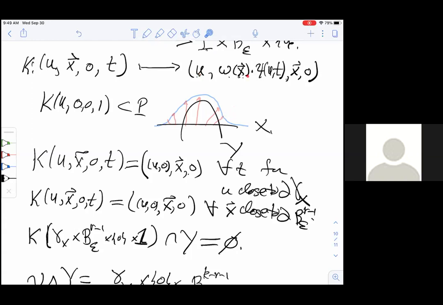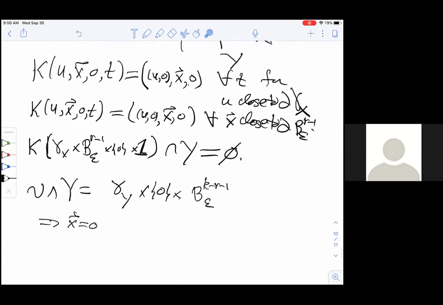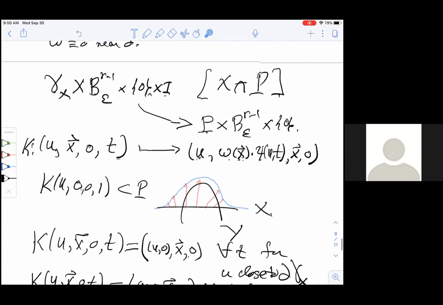u, 0, 0. So when x is 0, the image of this isotopy at time 1 intersected with where x is 0 is simply the curve here.